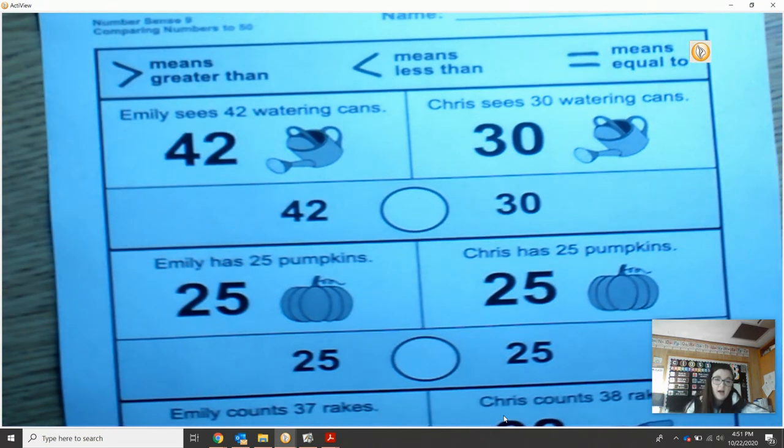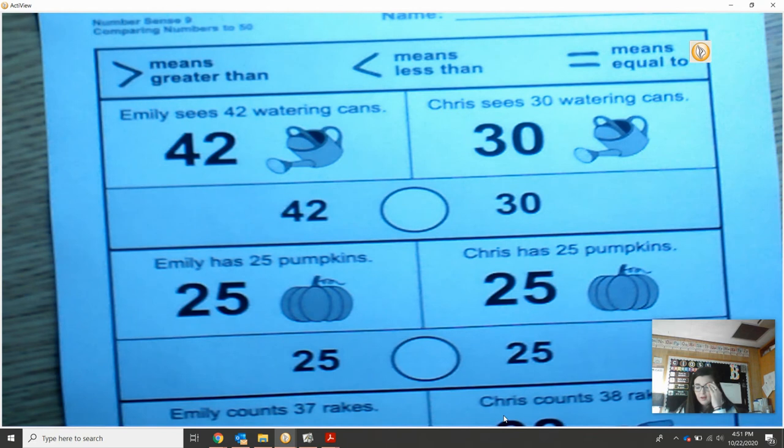So I have Emily sees 42 watering cans and Chris sees 30 watering cans. Those are big numbers, but we have 42 and 30. Which one do you think is the bigger number? If you said 42, great job.